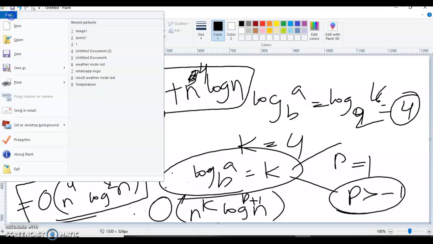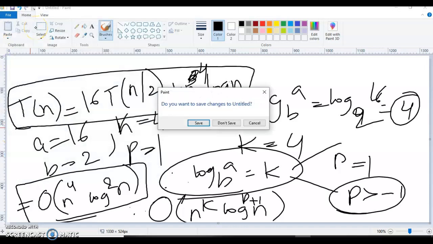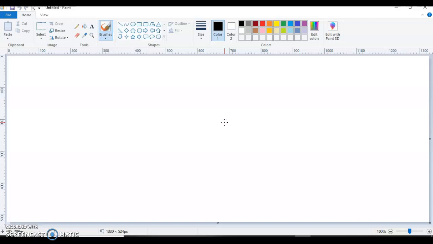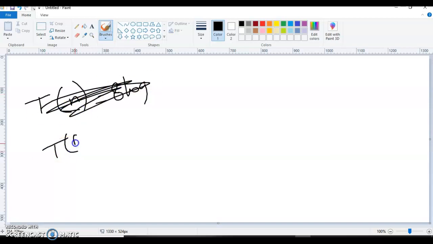So let's do one more example, which will be in case 3. So let's take T of n is equal to 8 T of n by 2.